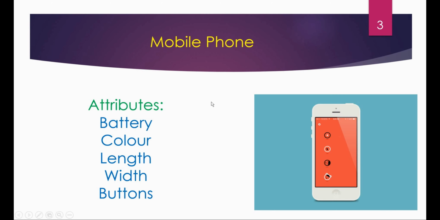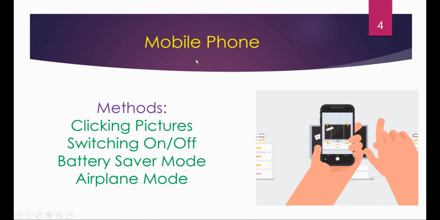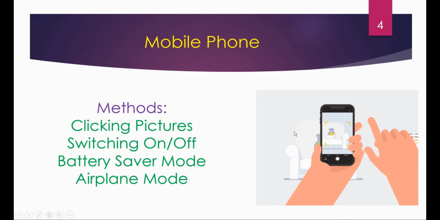And these attributes will be very common in all similar objects which are part of this class, mobile phone. And that phone, iPhone 6, will have these methods or behavior. Its behaviors will be clicking pictures, switching on and off, battery saver mode, and even airplane mode, and many other behaviors. And behavior in an object is nothing but its methods, and behavior is called methods in programming languages.